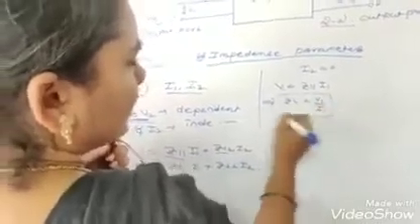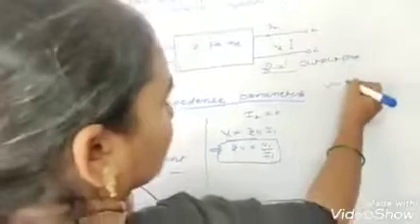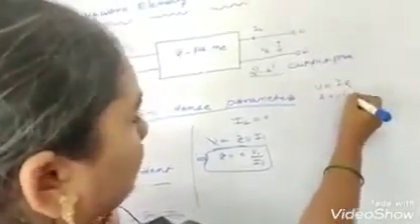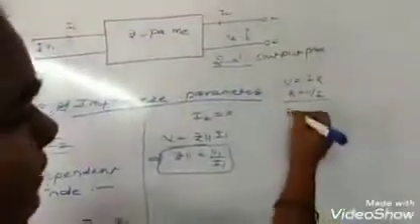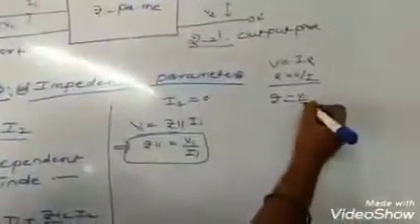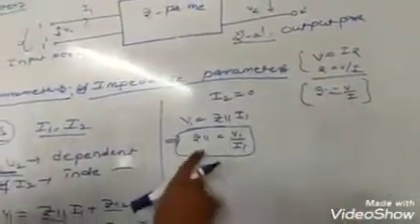This is the Z11 value. Already we know the resistance formula according to Ohm's law, V is equal to IR, so resistance is equal to V by I. Similarly, the formula for Z is V by I, so it is also resistance, in AC current.